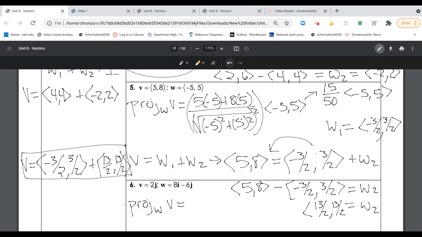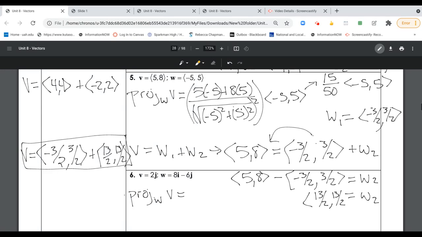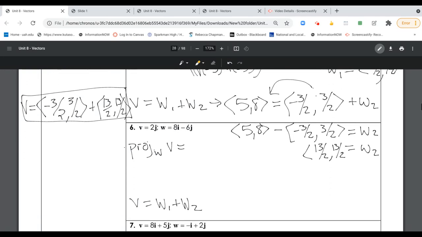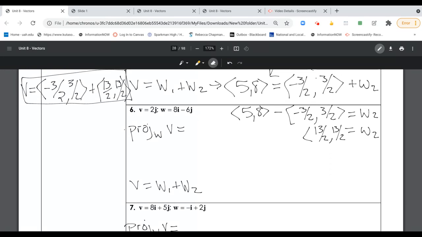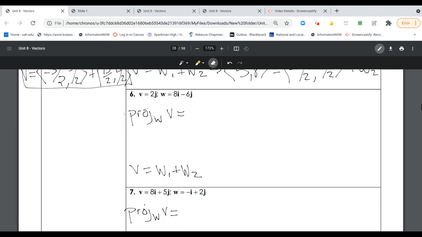I apologize, I've got all my vectors confused this morning. Sorry that it ran into my space, I am writing extra large for some reason today. If you need to pause the video to get what you need off of that, please do. I'm going to have to erase that because I'll run into my other workspace.